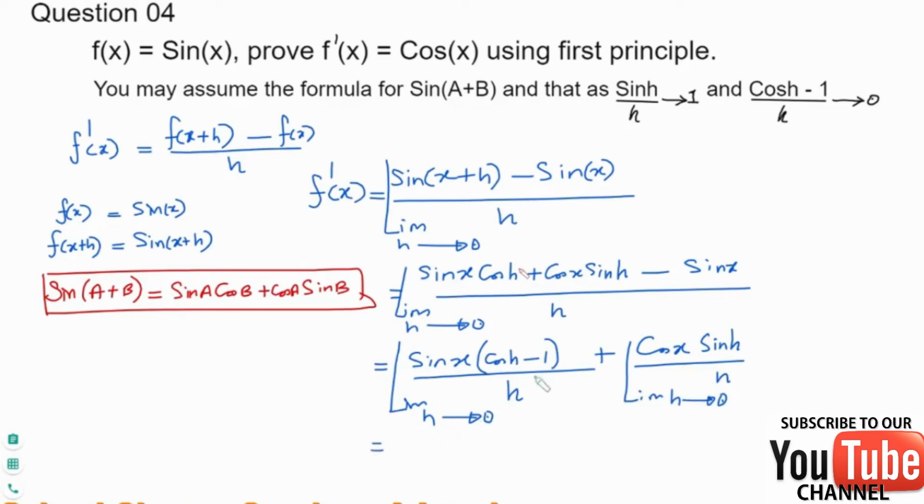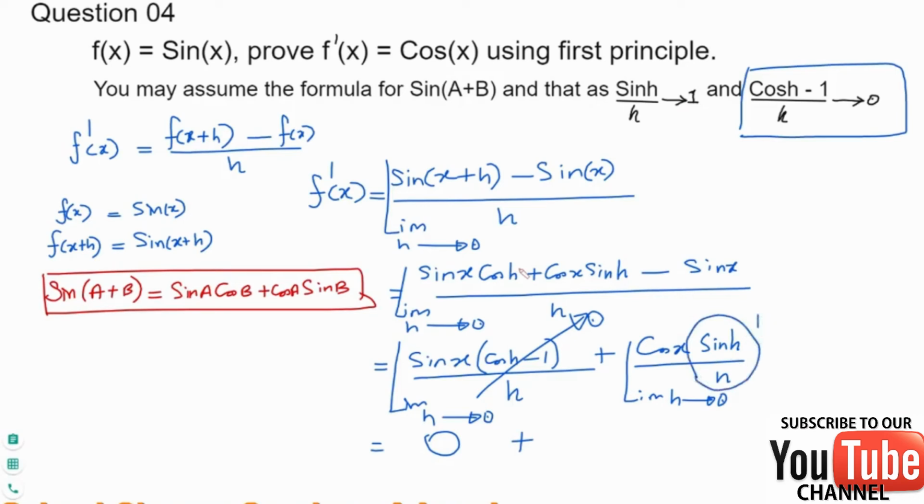Now we already know there's information given in the question. Cos h minus 1 over h becomes 0. So 0 times sine x becomes 0. Plus sine h over h equals 1. So this part, sine h over h, becomes 1. 1 times cos x is cos x.